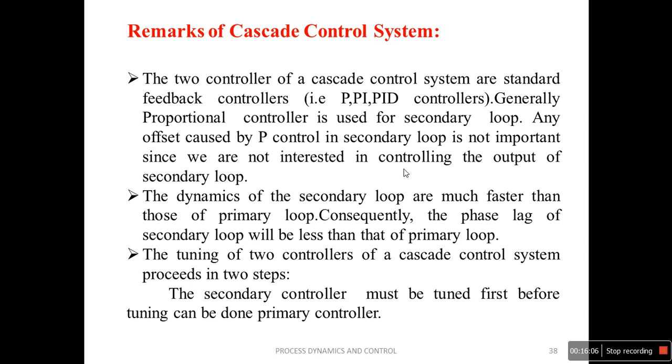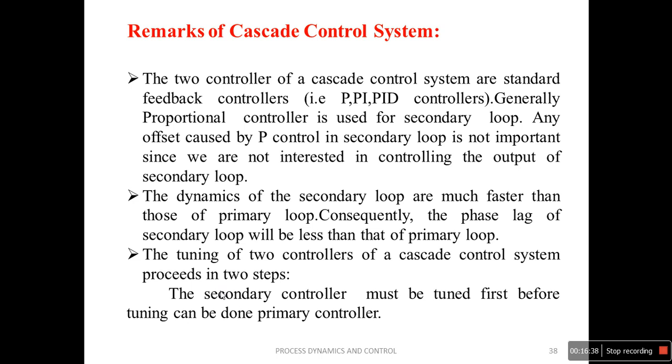And coming to the tuning. As we know, tuning is the process of adjusting the control parameters to get optimum, good results. Here we have the primary and secondary controllers. Generally both controllers must be tuned, but we can use a simple step. Here the secondary loop must be tuned first, using any one of the tuning methods which we have discussed in the previous chapter.